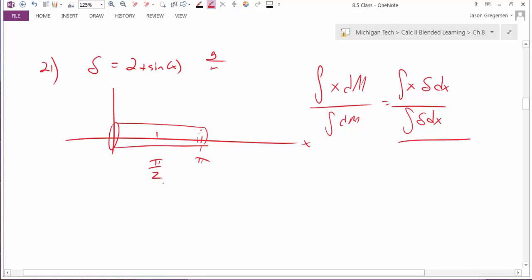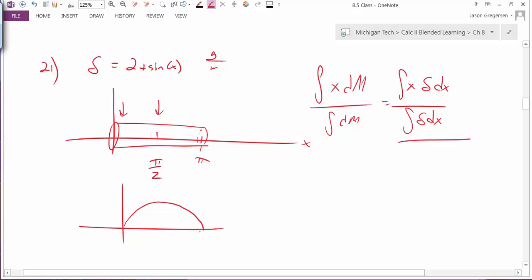The mass is not constant. Our density is a function of x. Our density changes. It is less dense here than it is here. The sine of x there is going to be symmetric along this spot, right? If I draw a picture of the sine, it's going to look like this.